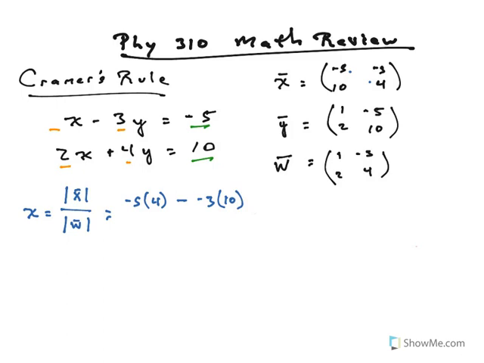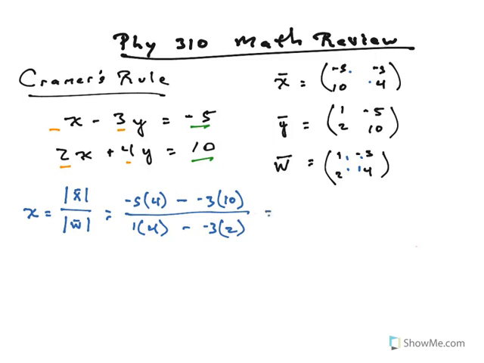Main diagonal, -5 times 4, minus the other diagonal, -3 times 10. And we do the same thing for the W matrix on the bottom. Well, we've got 1 times 4, minus negative 3 times 2.